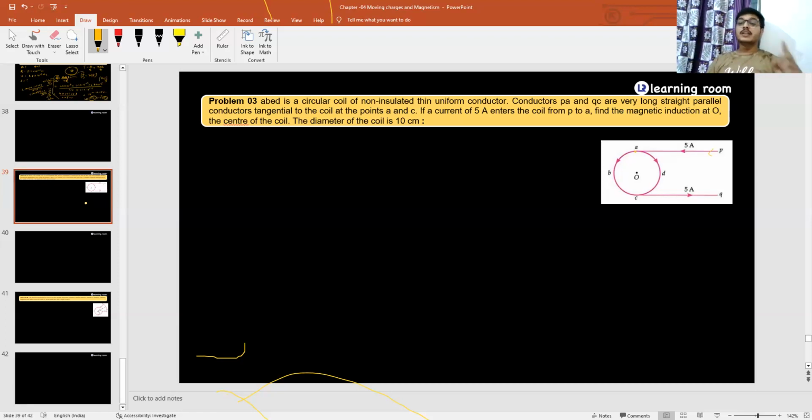These currents I1 and I2 are based on the resistances provided by these two conducting lengths. So you'll have to find the proportionality of I1 and I2 from the resistances. Then they converge at point C and again form 5 ampere and go to infinity at point Q. You have to find the magnetic field at O. Try to solve this.